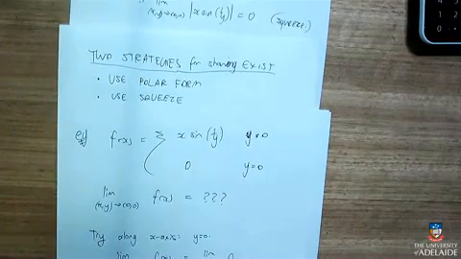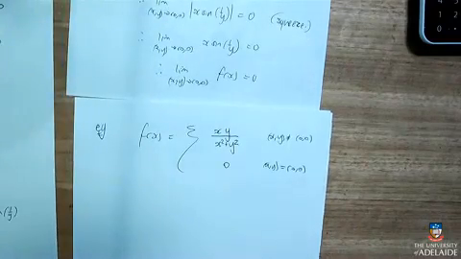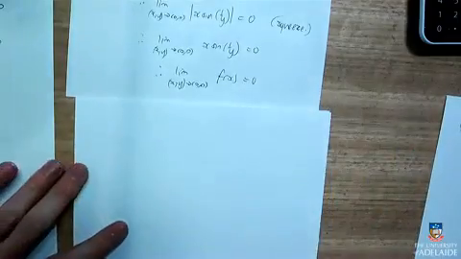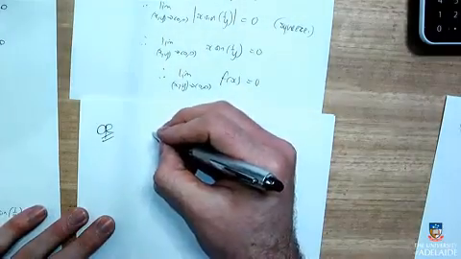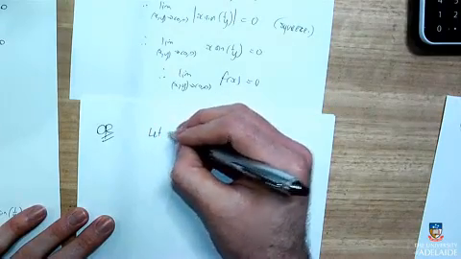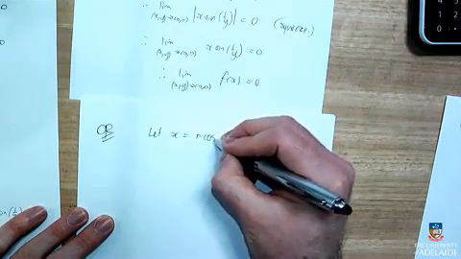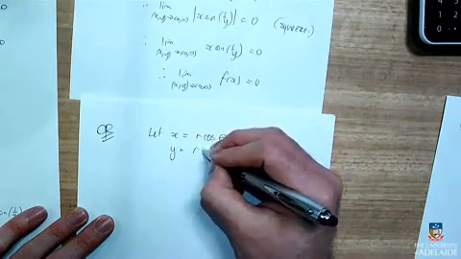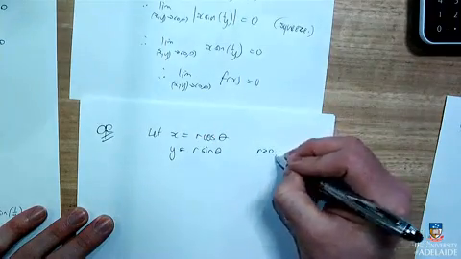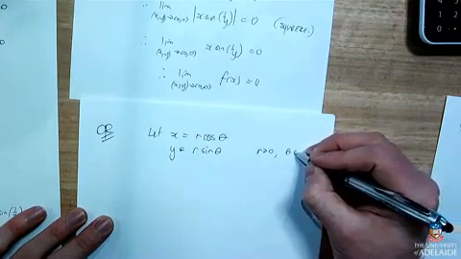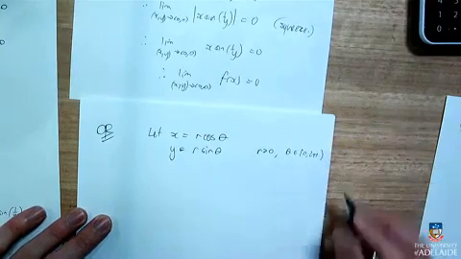I could try it. Let's just try it with polar, for r greater than 0 and theta from 0 to 2 pi.